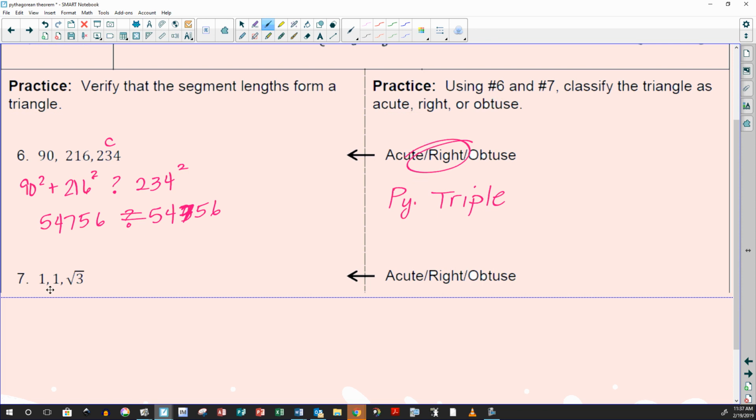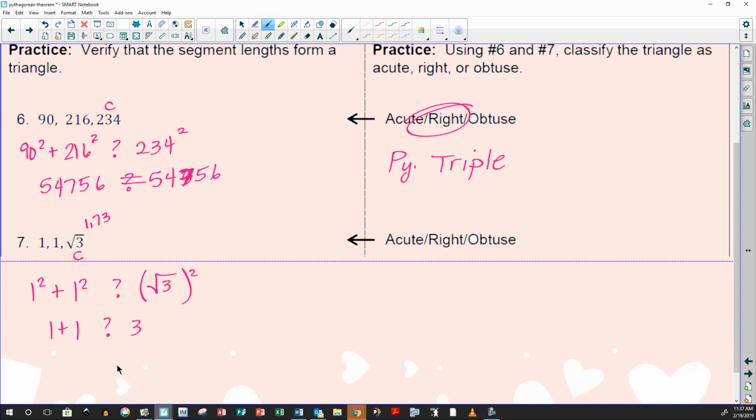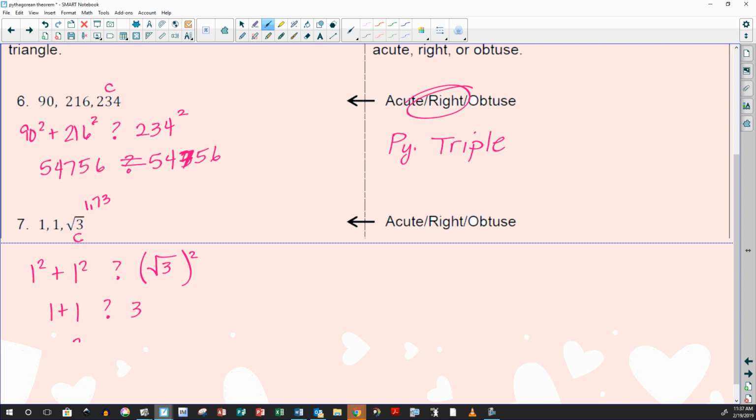Okay, what about this one? 1, 1, square root of 3. Well, I have to check the square root of 3, and I see that this is about 1.73. So that means this is C. So that means 1 squared plus 1 squared. What is it compared to the square root of 3 squared? Well, 1 squared is 1. 1 squared is 1. The square root of 3 squared is 3. 1 plus 1 is 2, and that is less than 3.